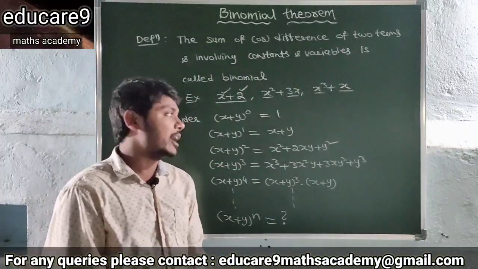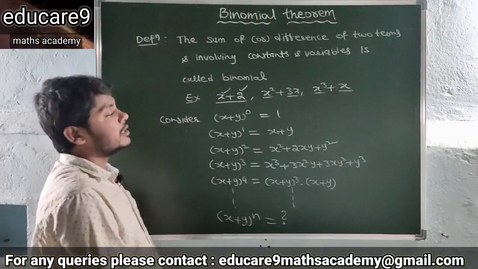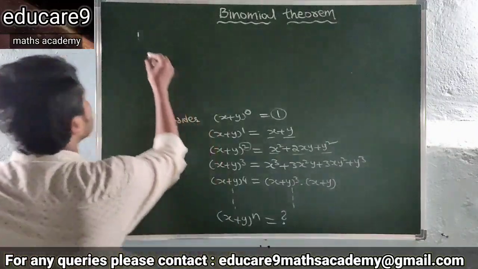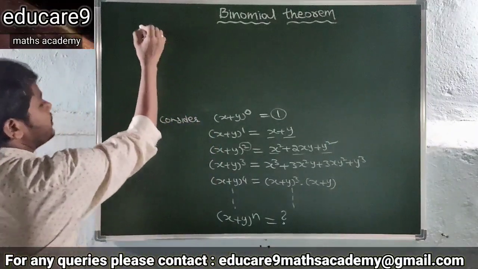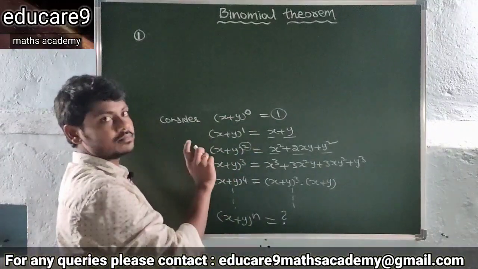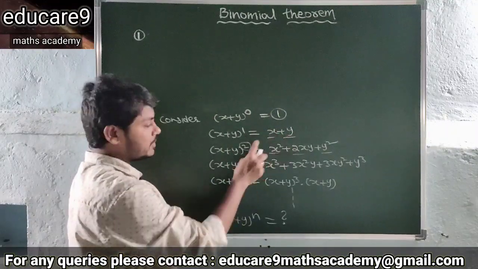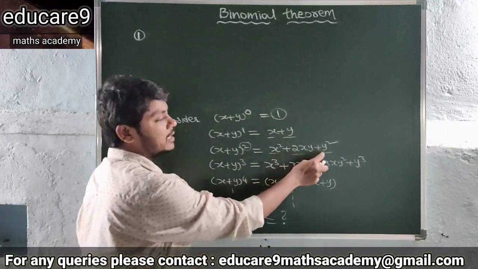Before going to that, some conditions are there in these expansions. See the first condition. Observe the power: if power is 0, it contains one term. If power is 1, it contains two terms. If power is 2, it contains three terms.